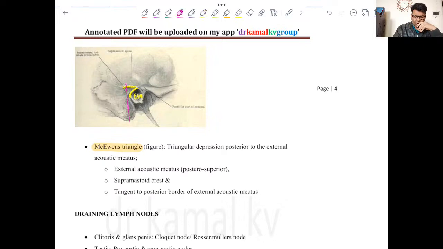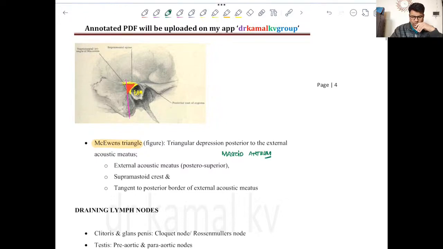So a tangent has to be drawn, and this converts this all area into a triangular area, and this triangle is known as McEwen's triangle. Now this triangle is important for reaching up to mastoid antrum. Clear? So these are few important triangles in human body.